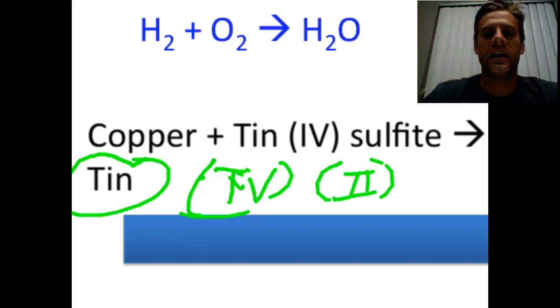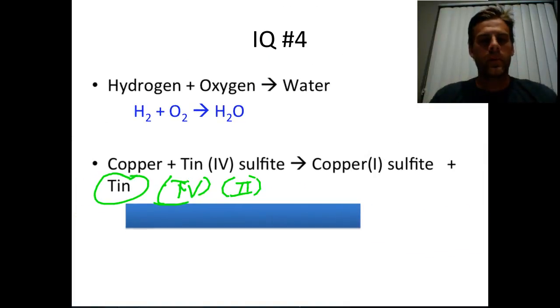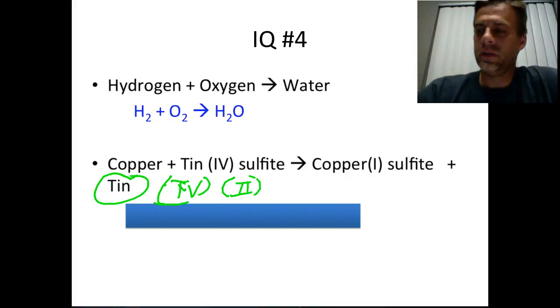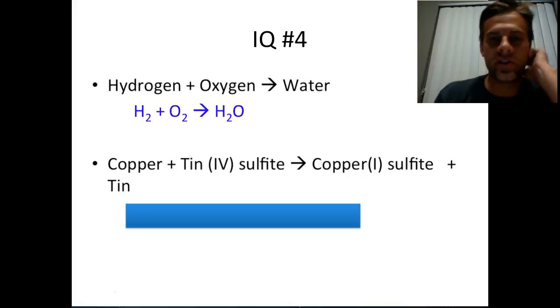It doesn't give us any of that information. So if we go back, there we go. Because it doesn't say that, we can again assume that it is going to be just one of those situations where it's not in an ion form.